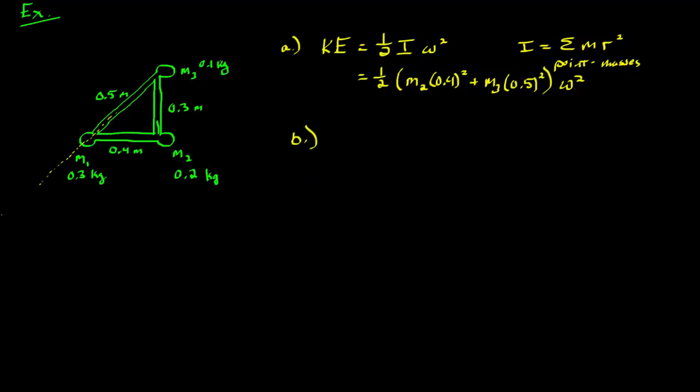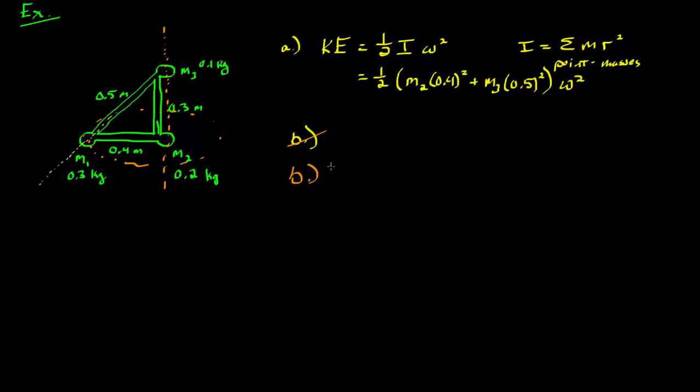So B. Now let's run an axis of rotation through these two masses vertically. So now this thing's going to rotate like this, out of the page and then back into the page. So what you should see is that these two masses don't contribute to the rotational inertia. It's only this one way out here.